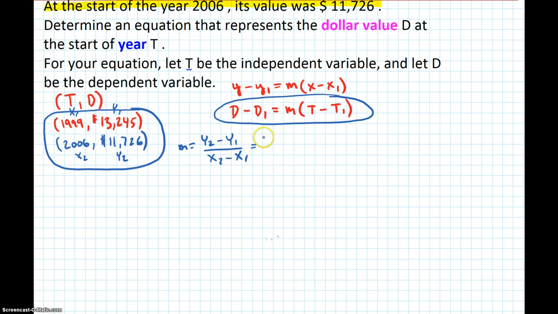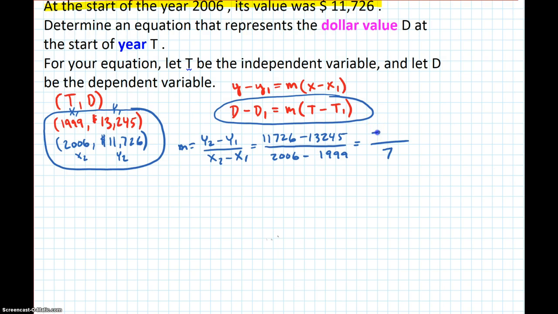So y2 is 11,726 and y1 is 13,245. x2 is 2006. x1 is 1999. 2006 minus 1999 is 7. And for my y values here, I'm going to use my calculator.